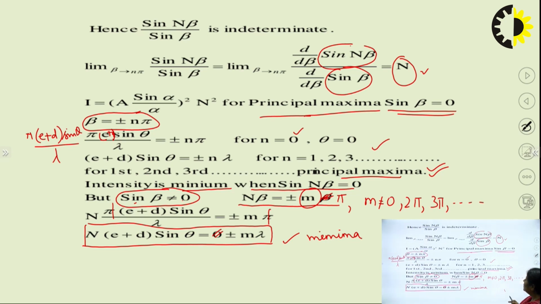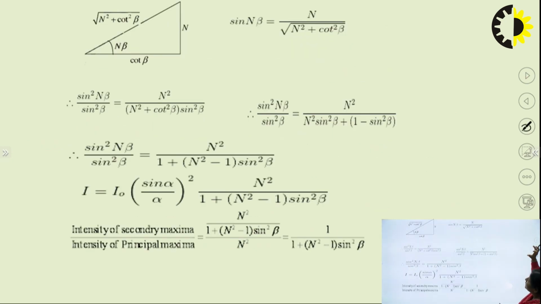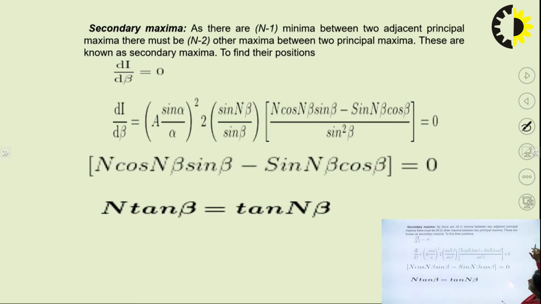So this is the condition for minima in the diffraction pattern due to the N slits. Capital N is the number of slits. So again, the second position we have identified now. The third position is the secondary maxima. It is where the intensity lies between the minima and the principal maxima.